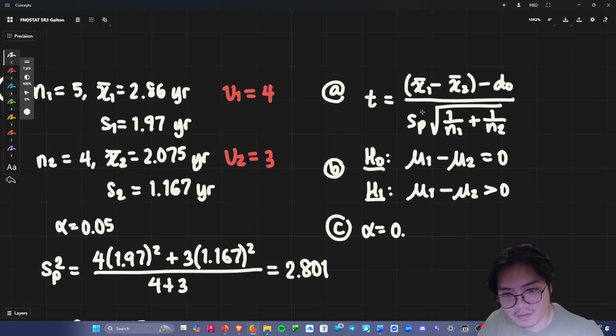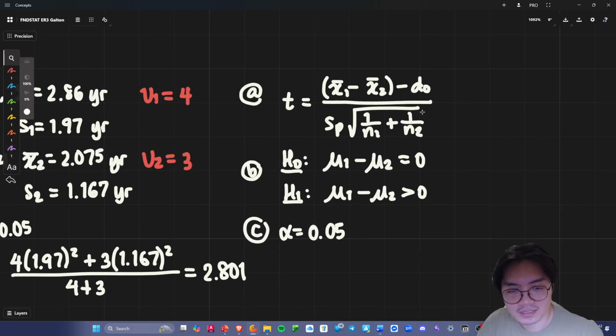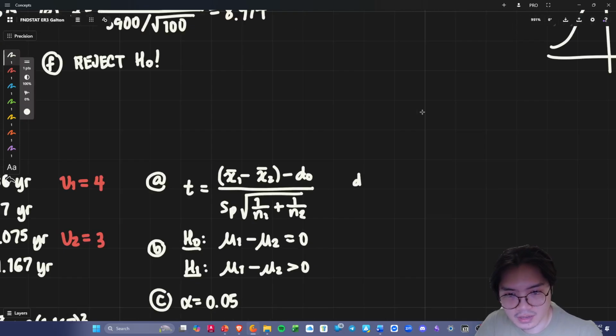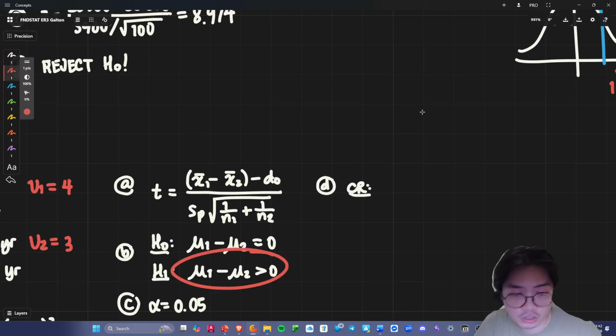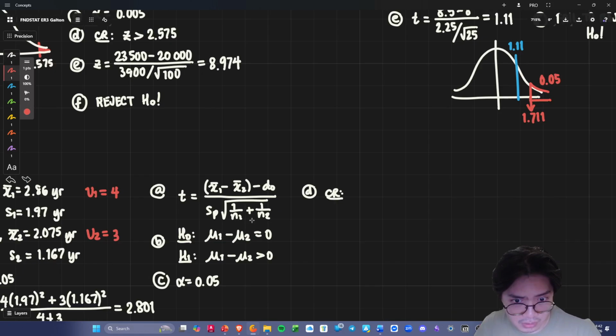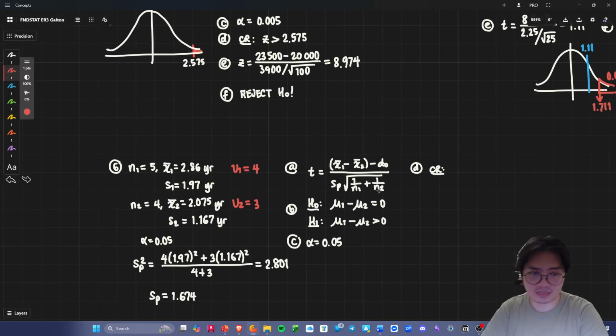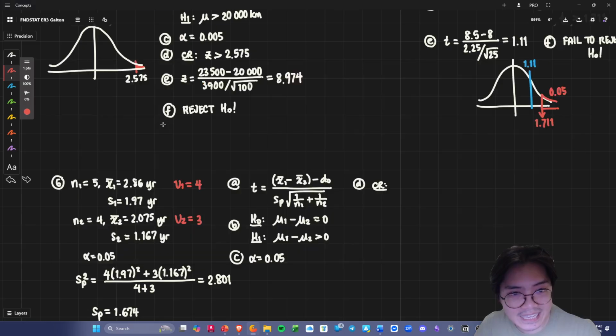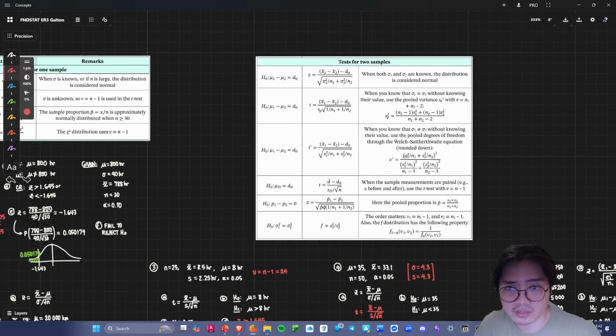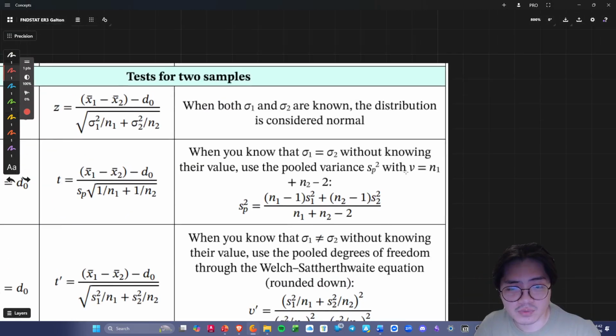C, we will have a 0.05 significance. Letter D, we will now have our critical region. Note that this is a one-tailed test. Now, what we will have is our critical T score. Note in this case that we will have a pooled variance with the addition of the two degrees of freedom.